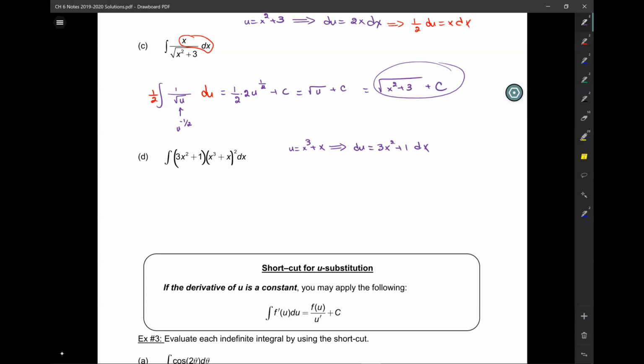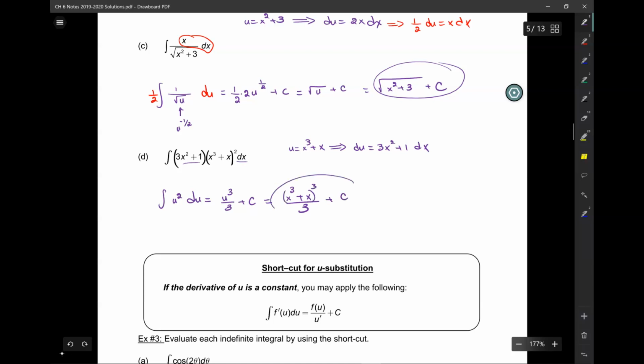Okay? All right. So now I have u squared, and then 3x squared plus 1 dx, that's just du. So u cubed over 3 plus c, x cubed plus x all cubed over 3 plus c, sorry.